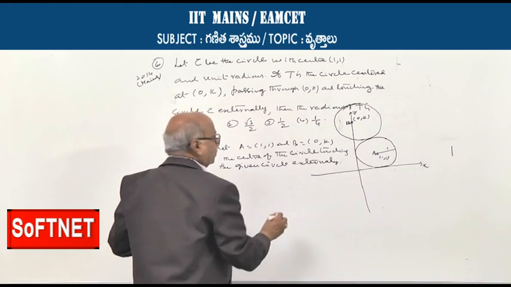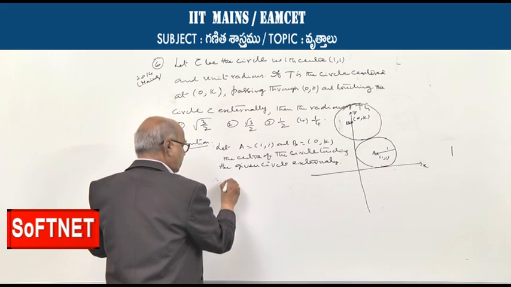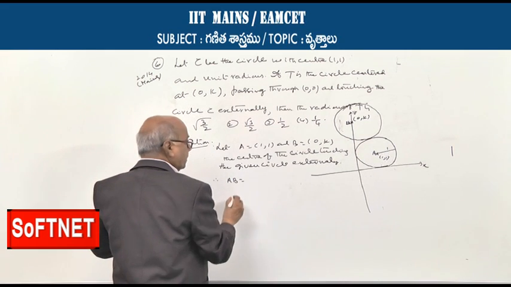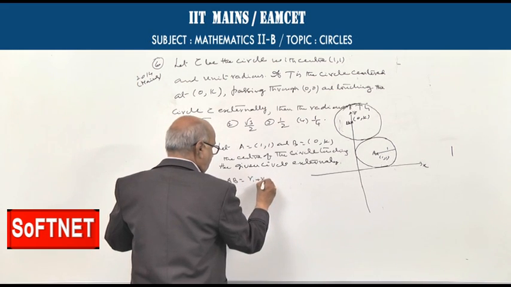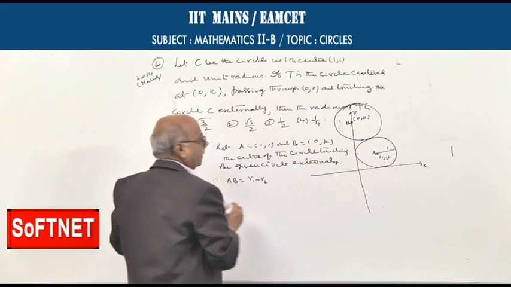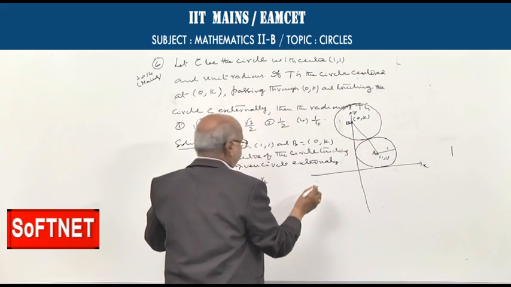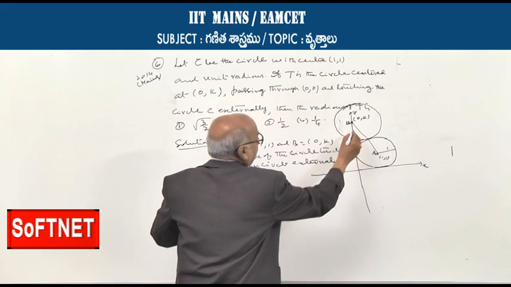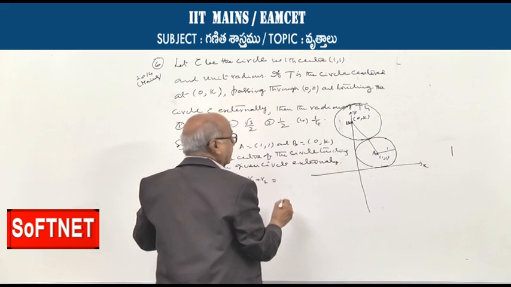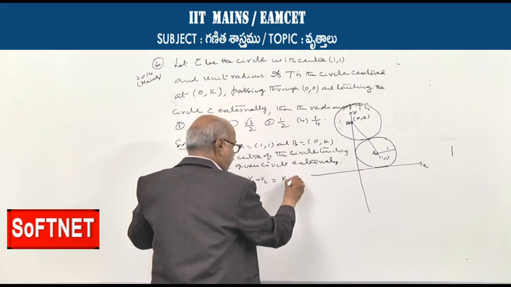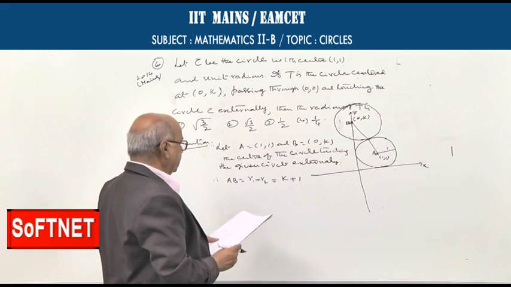Now because it is touching, the distance between the centers AB is equal to the sum of the radii R1 plus R2. But the sum of the radii is nothing but k plus 1. AB is equal to k plus 1.